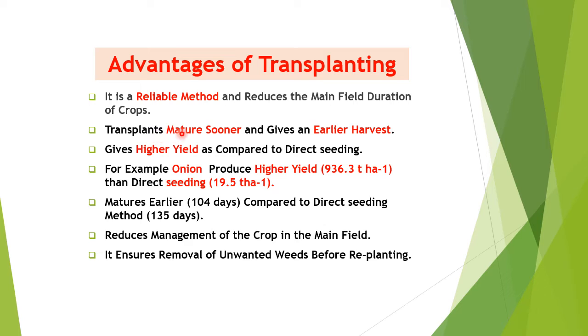Transplants mature sooner and give an earlier harvest. They give higher yield as compared to direct seeding. For example, onion produces a higher yield, 36.3 tons per hectare, than direct seeding, which only gives 19.5 tons per hectare.